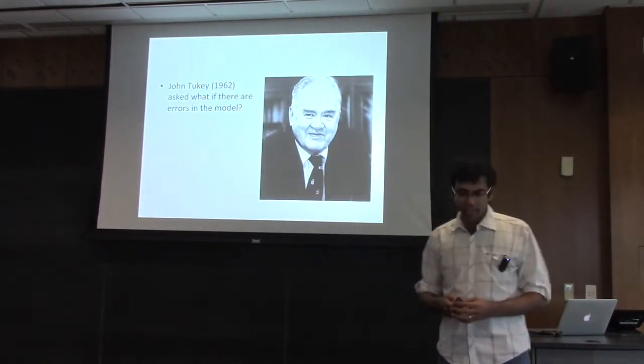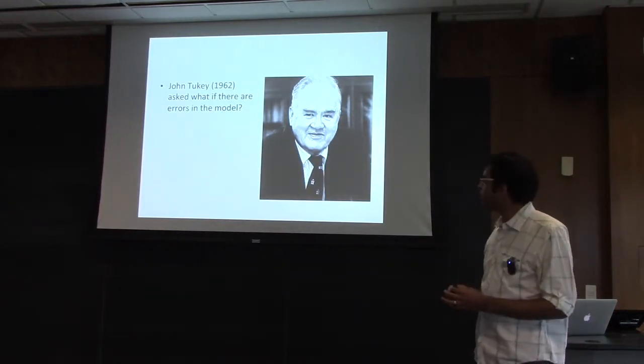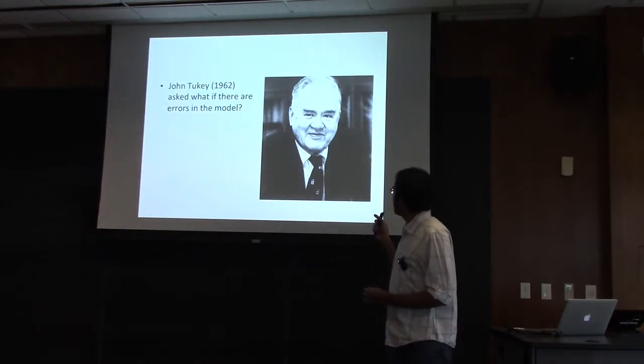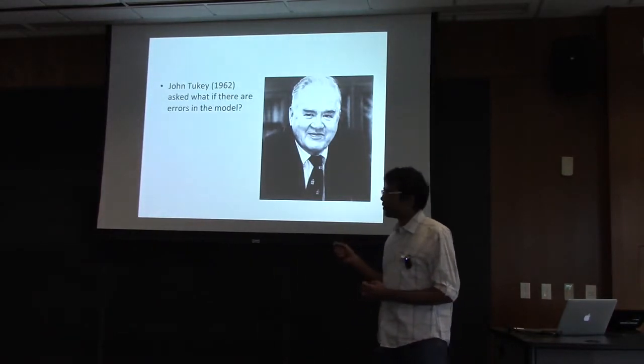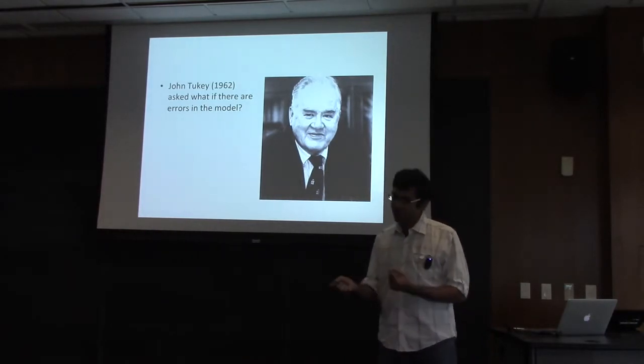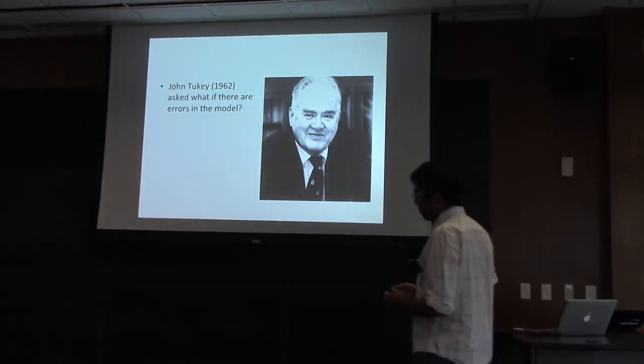What John Tukey asked in 1962, he's one of the people behind the fast Fourier transform, was what happens if there are errors in the model? What if the data is not exactly coming from your model, but there are some deviations?